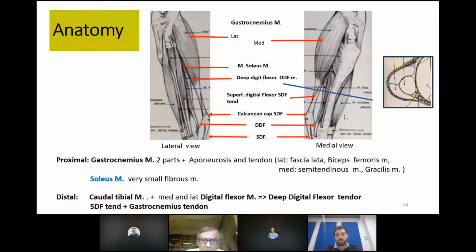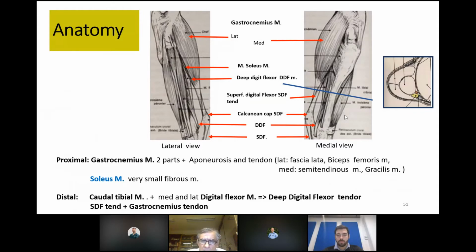The anatomy is quite the same as the dog, but we have a muscle which belongs to the gastrocnemius. This is the soleus muscle. It's a very small fibrous muscle, but it runs with the gastrocnemius.